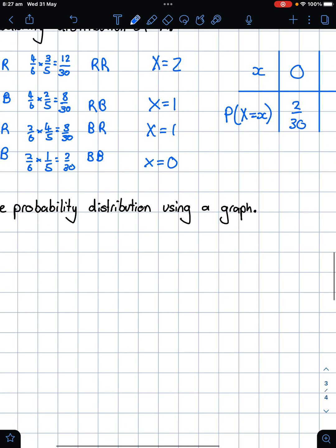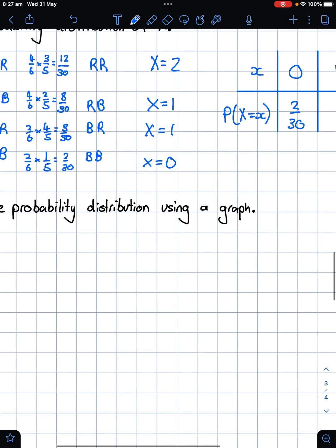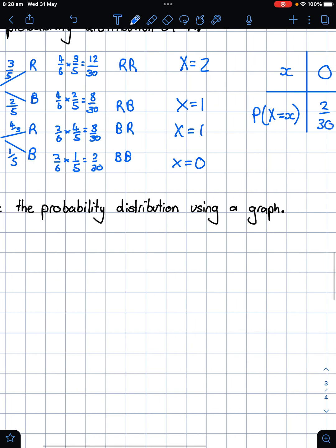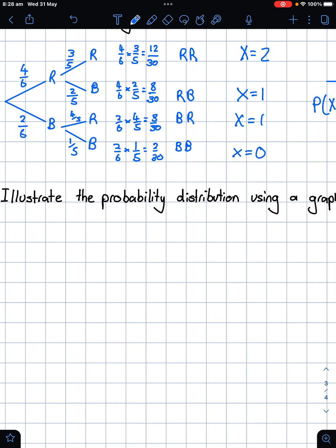All right. The chance of 1 happening was 3 over 30 and 8 over 30. So it's going to be 11 over 30. Hang on a sec. I must have stuffed up somewhere because 2 over 6, 4 over 5.